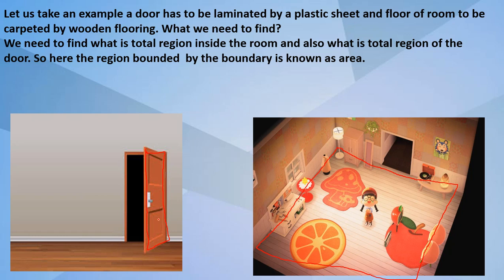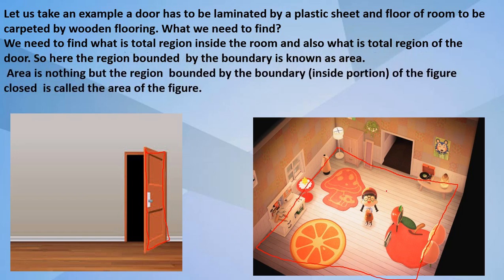So when we find the area of this door and the area of this floor, then only we can say how much plastic sheet is required to laminate this door and how much wooden flooring is needed to cover this floor of the room.